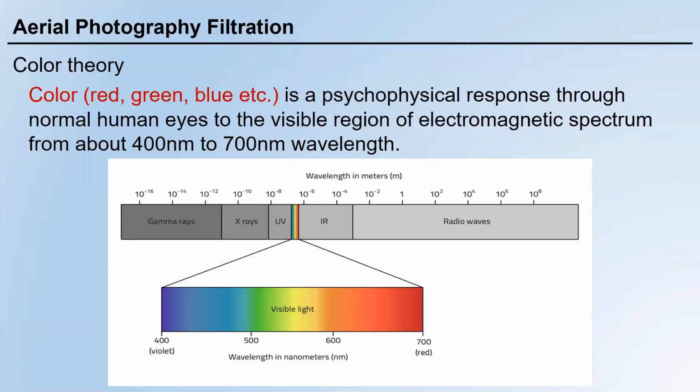Other animals have different vision abilities. Some of them may see a wider range of the electromagnetic spectrum, and some may have an even narrower range that they can identify. But for human beings, the visible light range is from 400 nanometers to 700 nanometers.